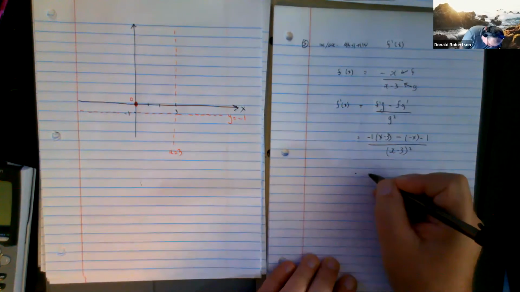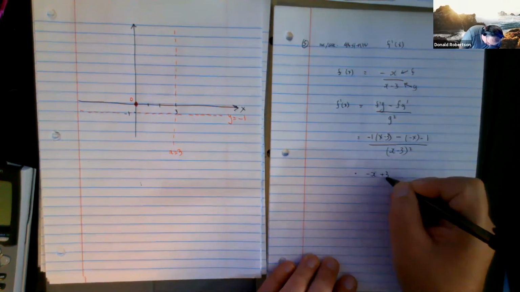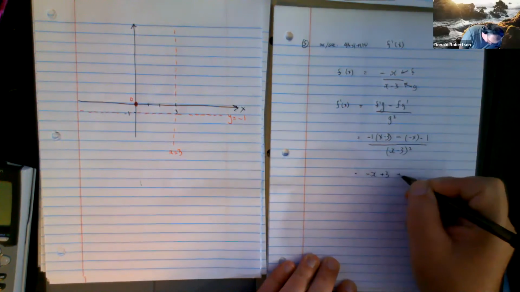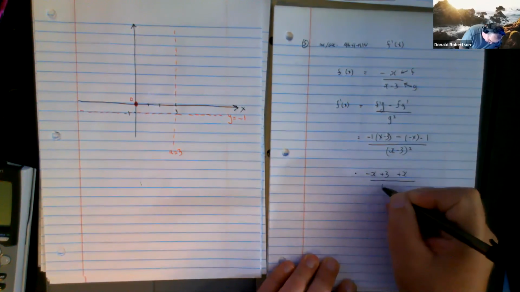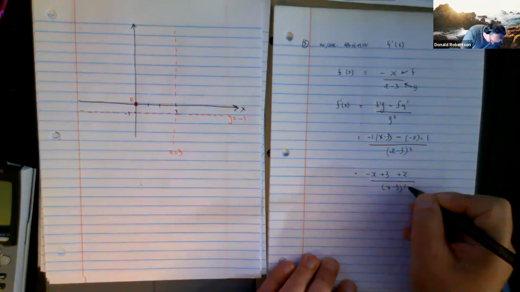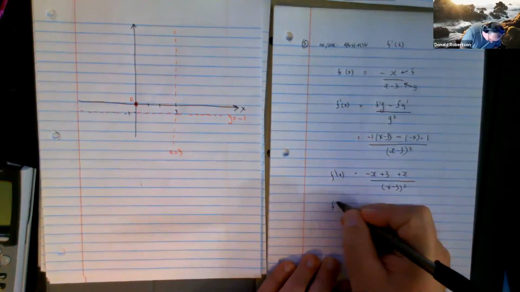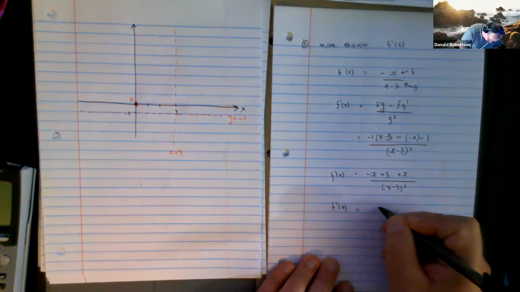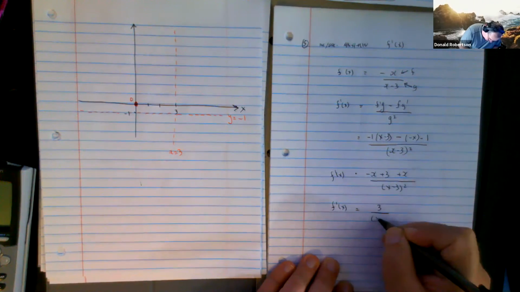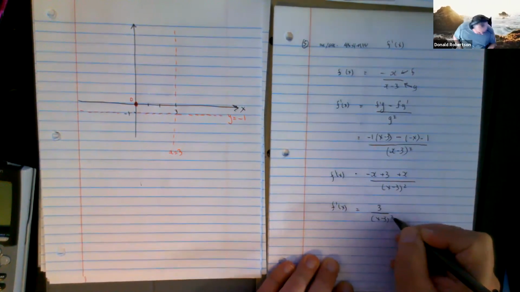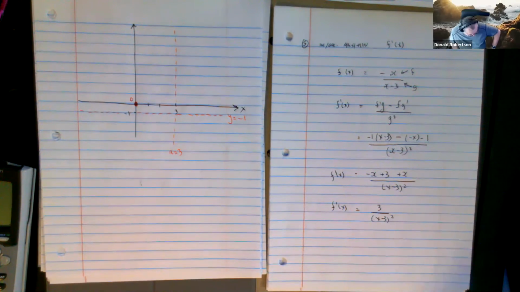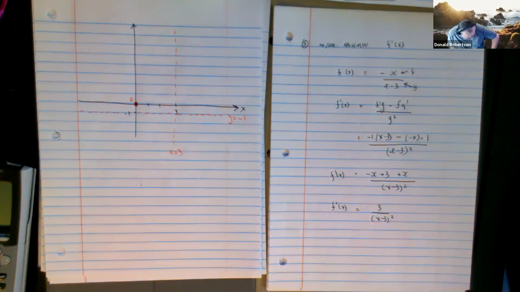What do I get? I get -x plus 3 plus an x over x minus 3 squared. And so I end up with 3 over x minus 3 squared. Interesting.